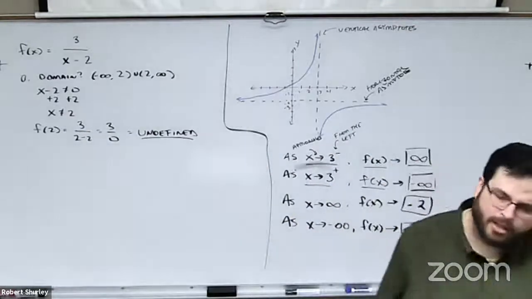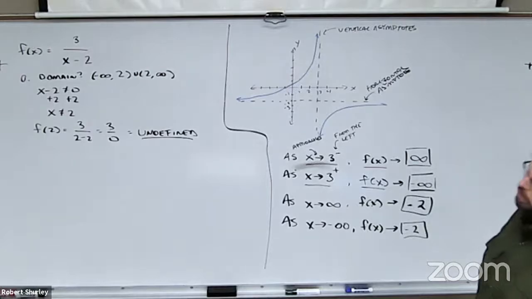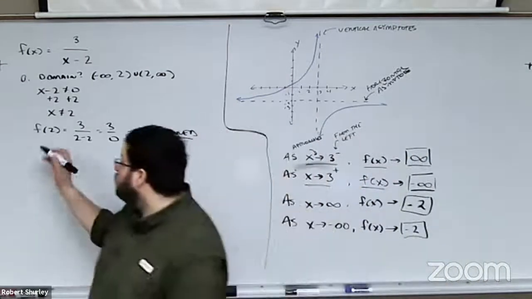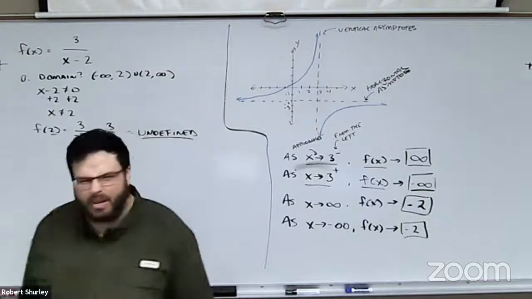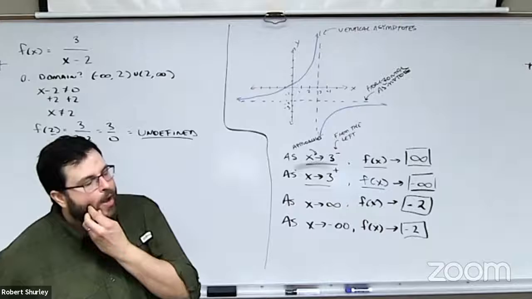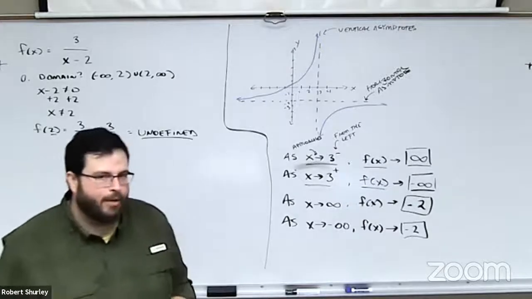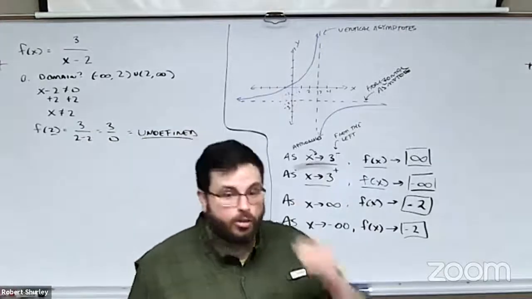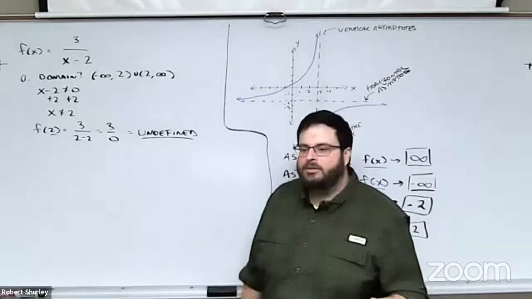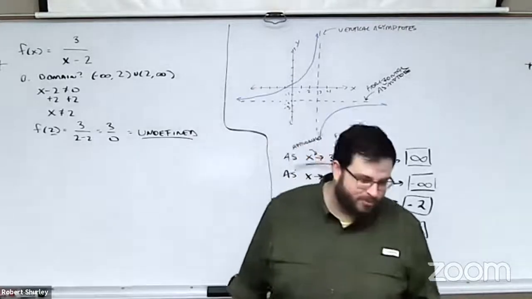Well, then mathematicians thought, okay, I don't know what happens at x equals 2, but I want to know, right? Dang it, I want to know. It's a mystery. I want to know what's actually happening at 2. Now, I'm going to do a goofy analogy here about how to figure out what's going on at 2.